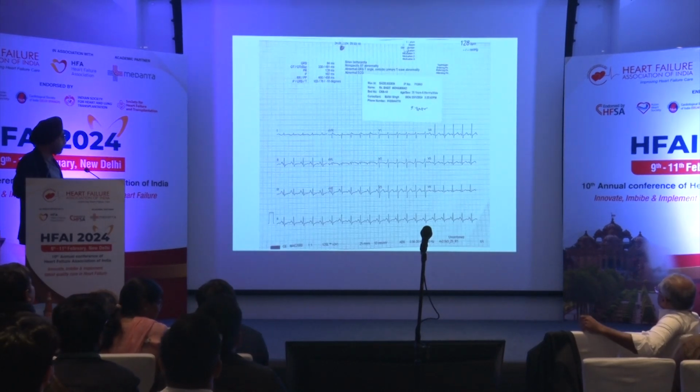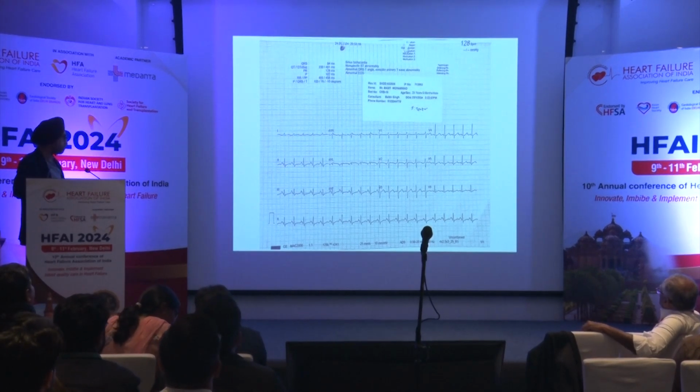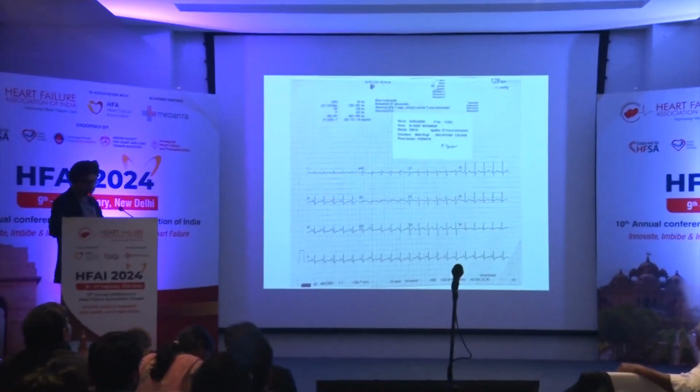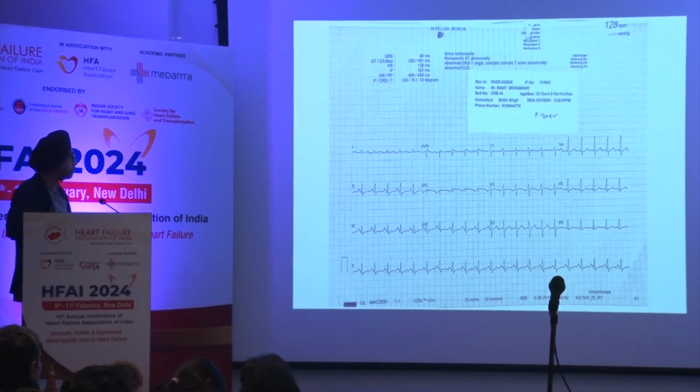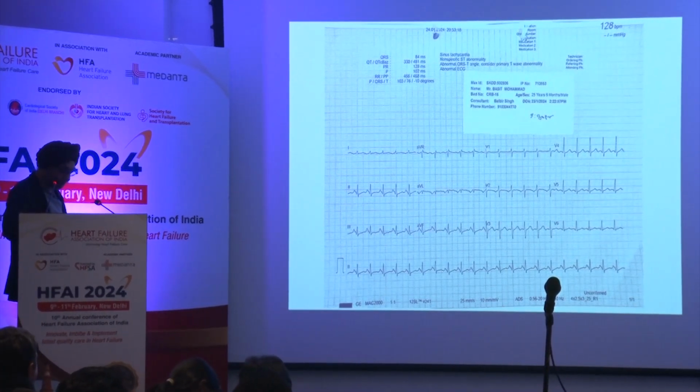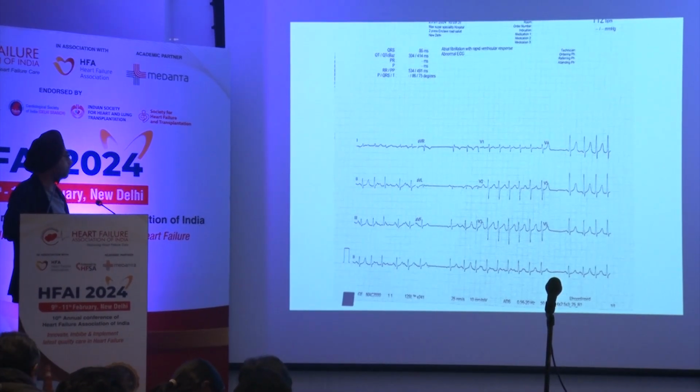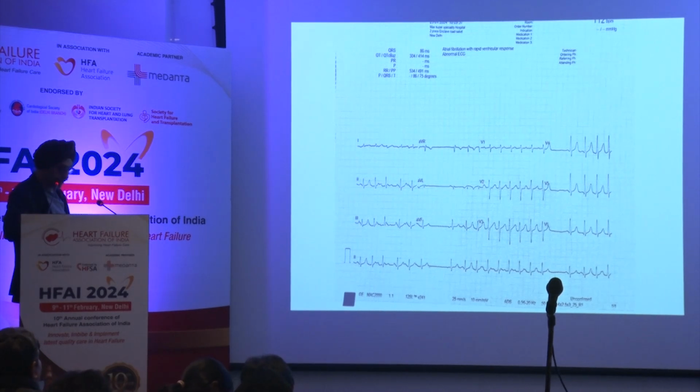And this is the next ECG. We go back to the previous ECG. This is one ECG, same patient. Here the rate is 112.